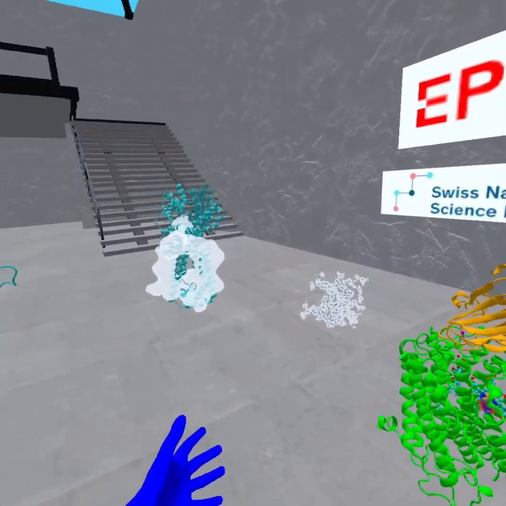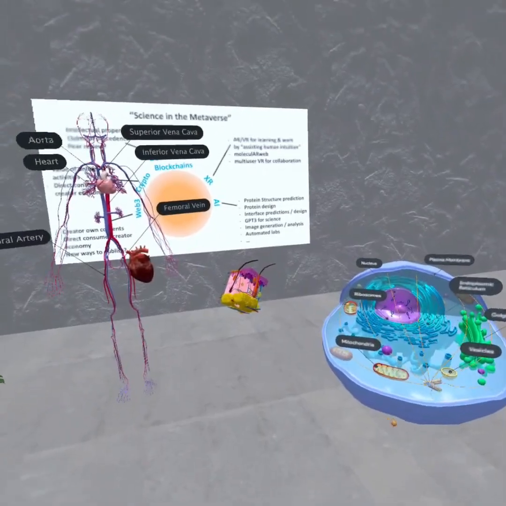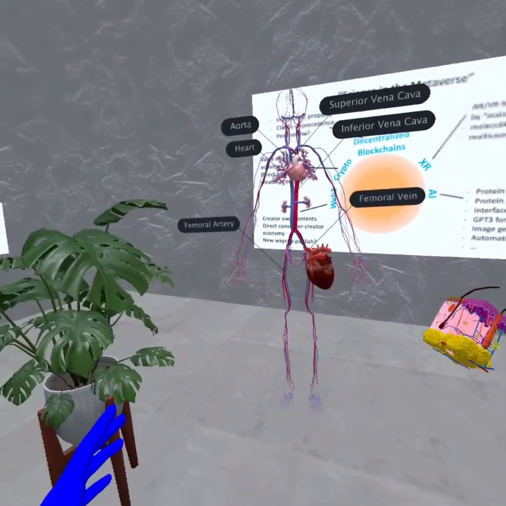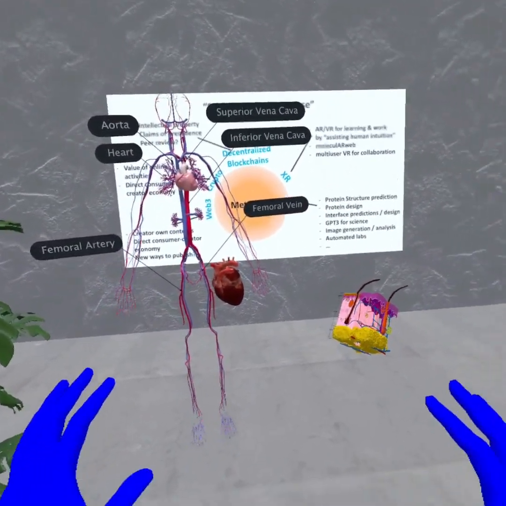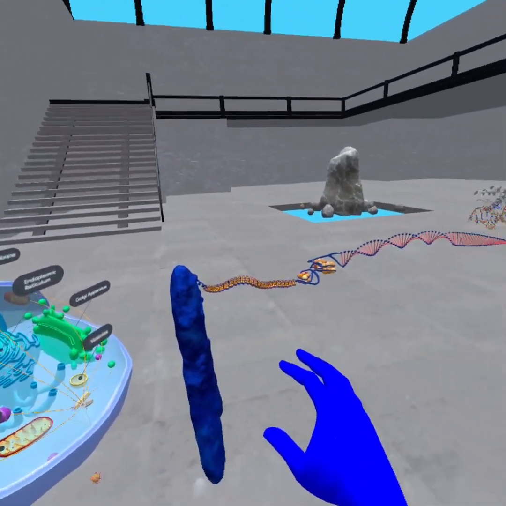In the same way, you can create your own content. And right now, this website is not open, but it will be open soon with some predefined content that you can go and use directly.